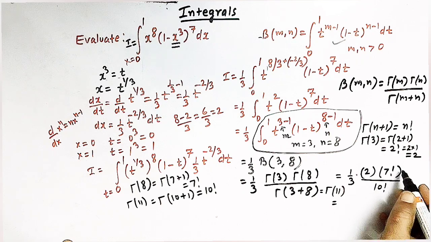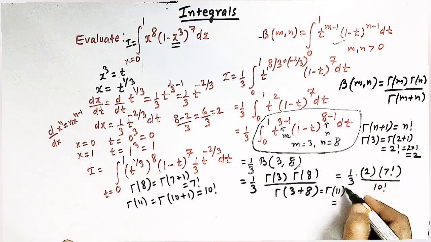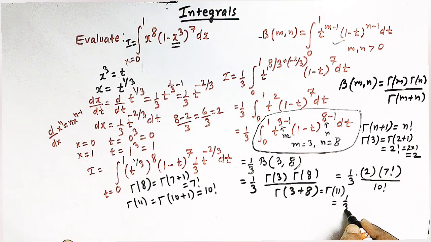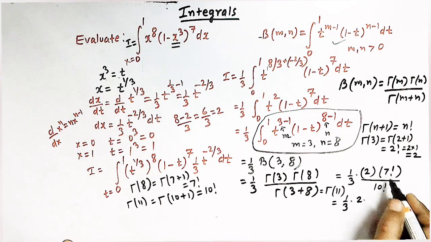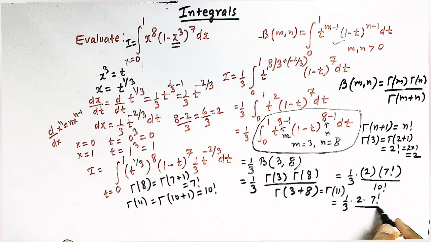So now we can simplify these numbers. So we have 1 over 3, 2, and here we have 7 factorial, and 10 factorial can be written as 10 times 9 times 8 times 7 factorial. So here 7 factorial and 7 factorial get cancelled, and here 2 times 4 is 8.